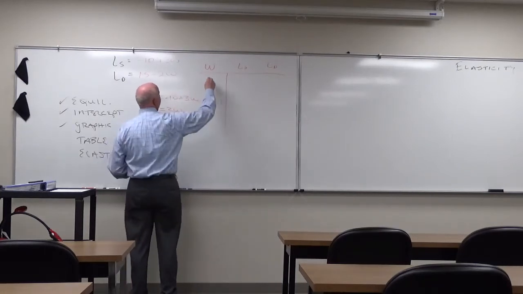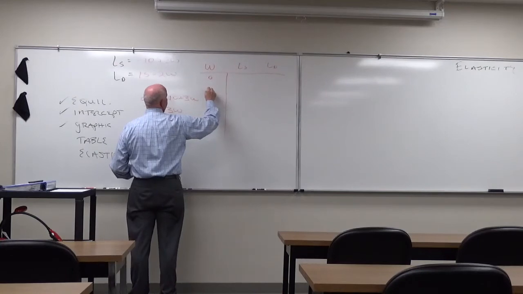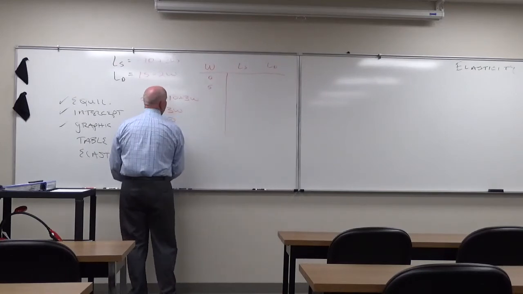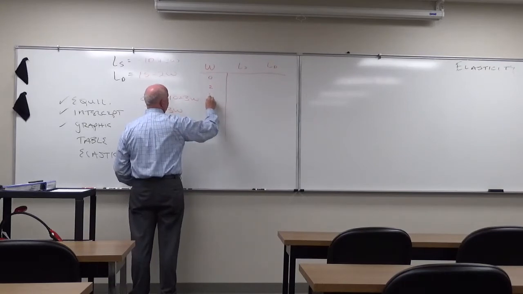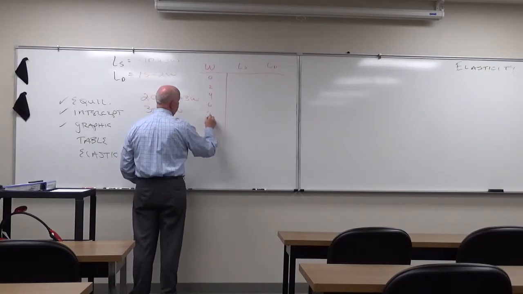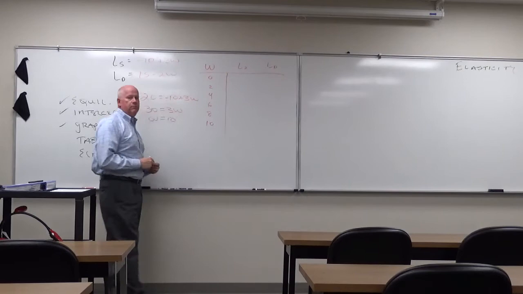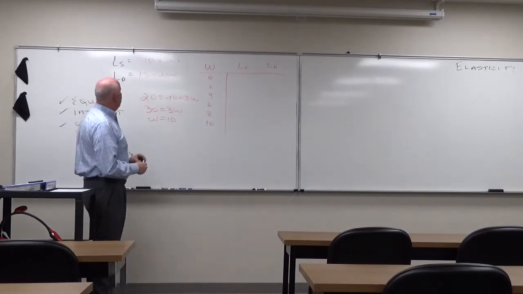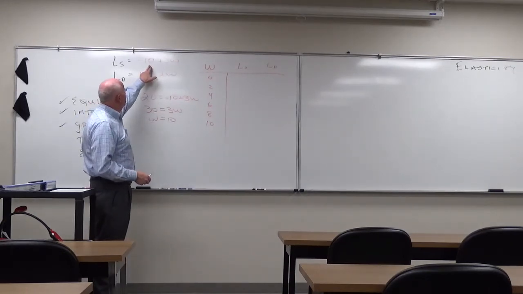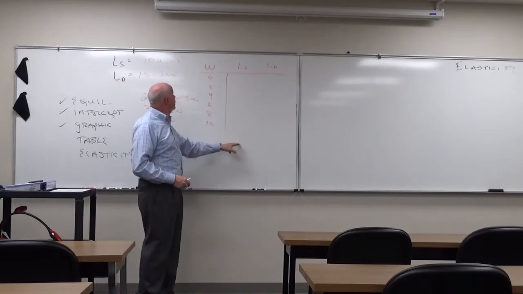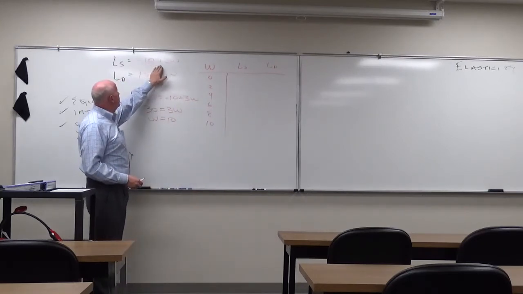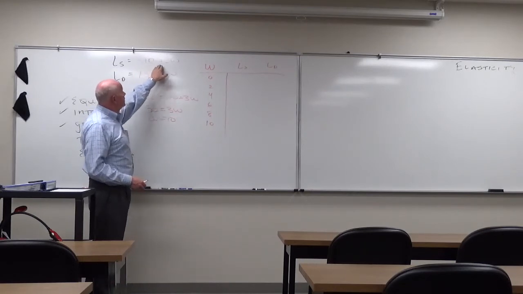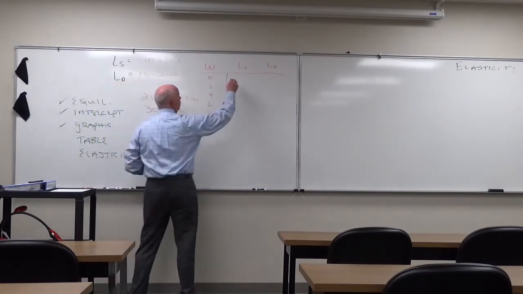So let's just look at what we've got here. Let's assume we go from a wage of 0 to 5. Now let's not use 5. Let's move it by 2 each time: 2, 4, 6, 8, and 10. And we're going to use the labor supply equation to find the labor supply values. Labor supply is negative 10 plus 3 times W, so negative 10 plus 3 times 0 is negative 10.